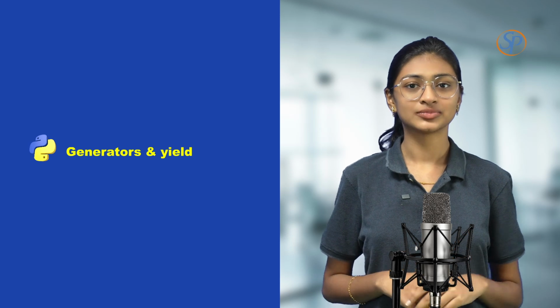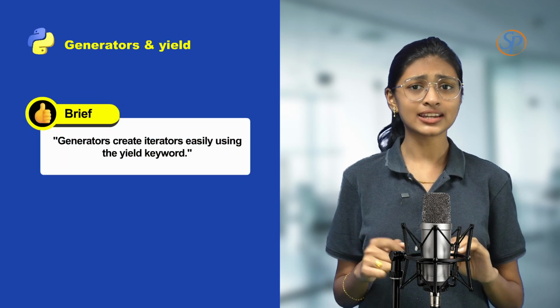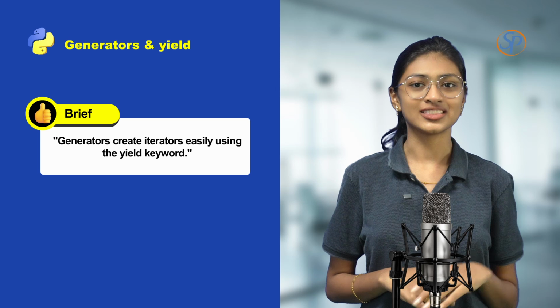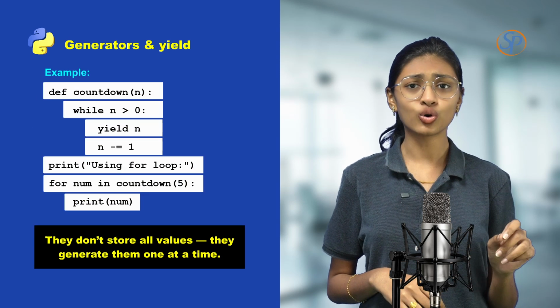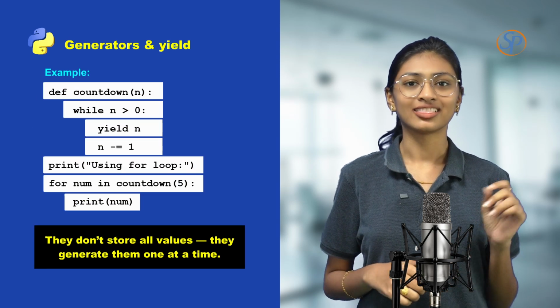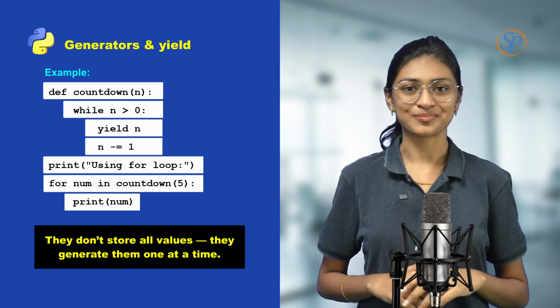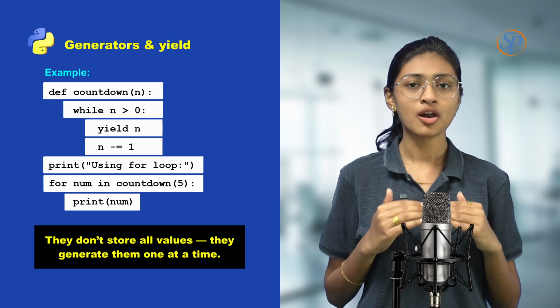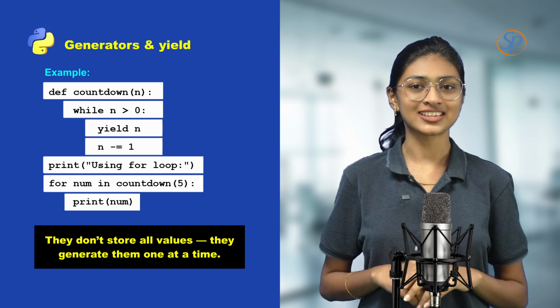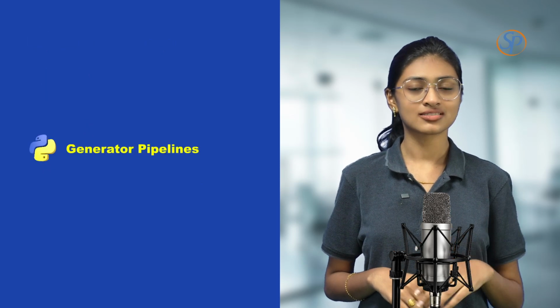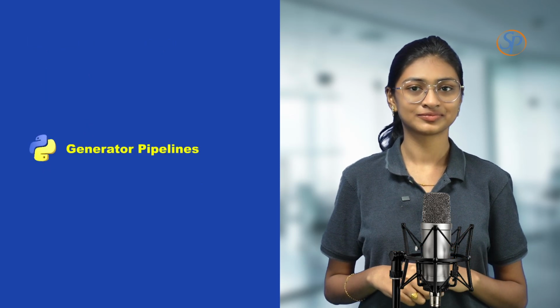Generators and yield. Generators create iterators easily using the yield keyword. They don't store all values. They generate them one at a time. This makes them perfect for large data sets, streaming tasks, and pipelines.